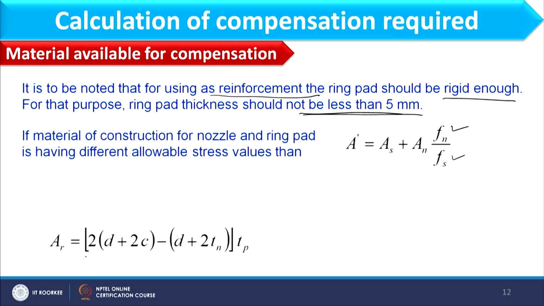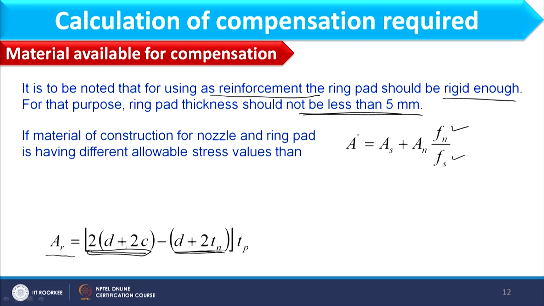And in this way I have to calculate, and this is the expression for the area of the ring pad, where this 2d plus 2c, what is this? This is basically the boundary limit around the opening, which is twice the opening which I need to compensate, minus d plus 2Tn, that is the inner diameter of the nozzle, plus 2Tn, that is the standard thickness of the nozzle.